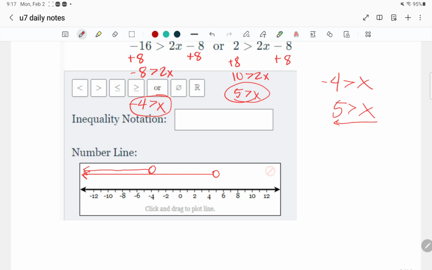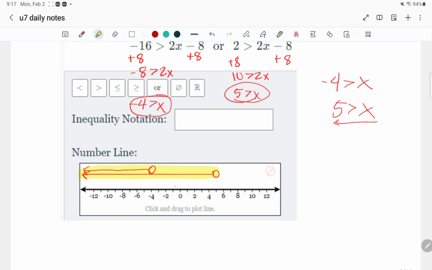I can think -4 is greater than x, so -4 is bigger than everything. Or I can think backwards. X is less than 5. And I have 2 arrows going the same way. That's great. I had that exact same scenario last time. But this time, it's one or the other. It's not one and the other at the same time. I can keep them both. So I'm going to keep them both.